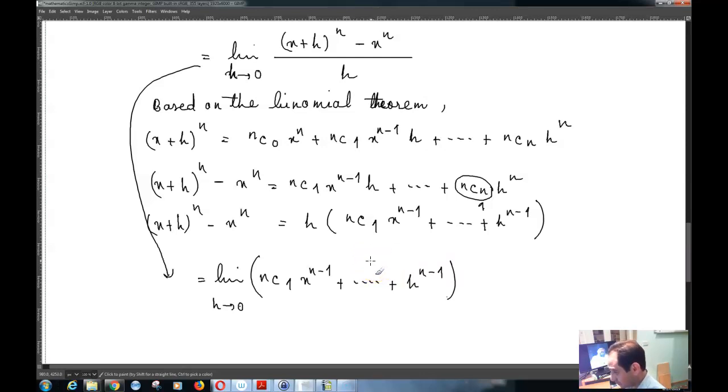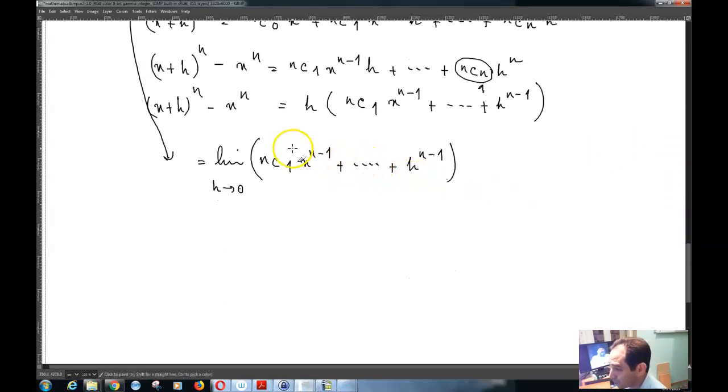And so now, in order to take the limit of this expression, well, 0 raised to any power is equal to 0.